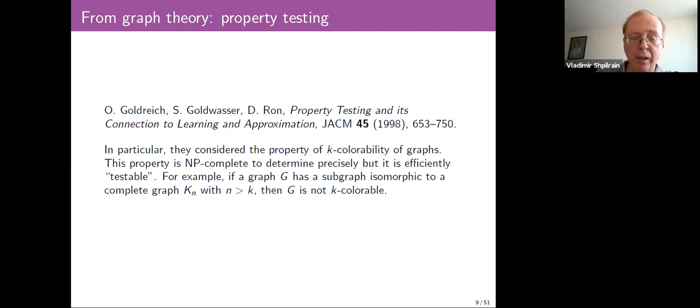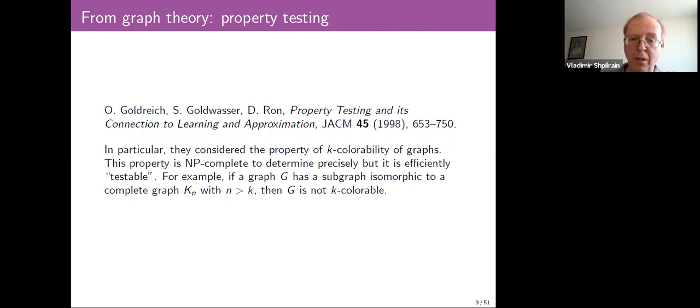If you are lucky, your small graph on K plus 1 vertices will be complete, and then you are done. The graph is not K colorable, but you cannot give a positive answer with this fast check, only a negative one.